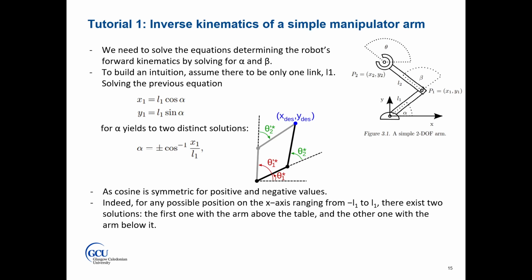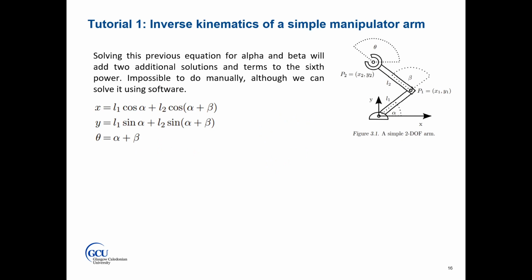Both of them are possible solutions. So given a desired XY location for your end effector, there might be a multitude of different solutions. In the case of a robot with two links, there are going to be two solutions, but in the case of robots with 6 axes, the number of solutions is going to be much, much higher.